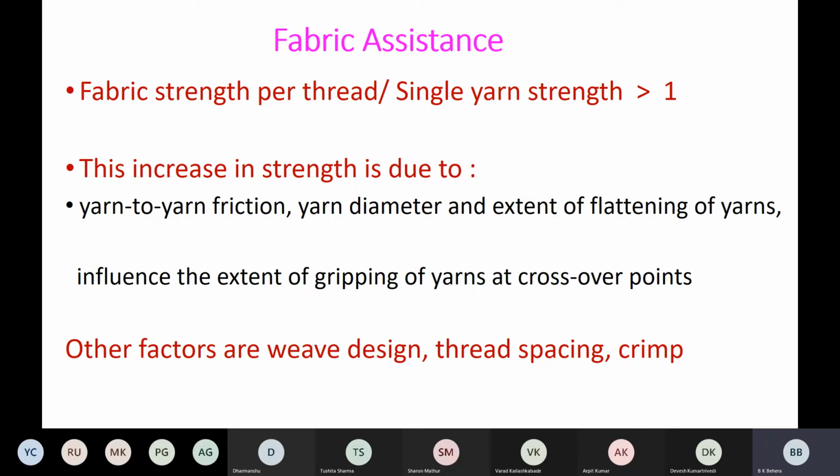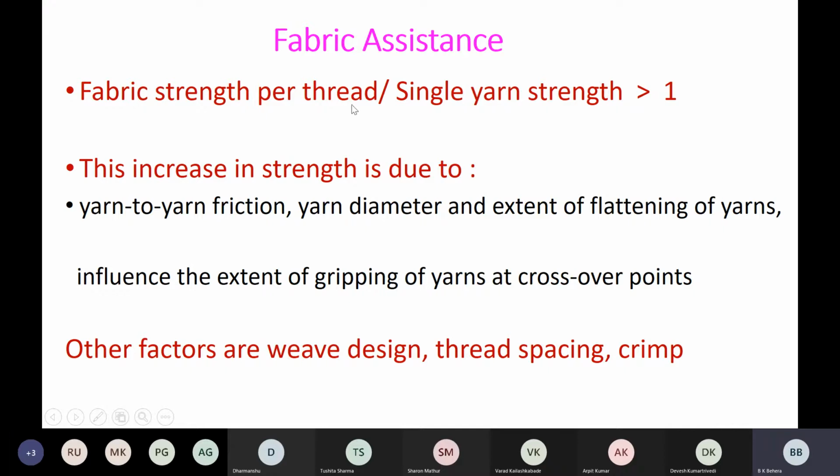Then we measure the strength of that fabric strip which has 100 threads. Let's say you got 100 kg, the strength of the fabric. Then measure the strength of each thread. Then multiplied by 100, that will give you this denominator, single yarn strength.